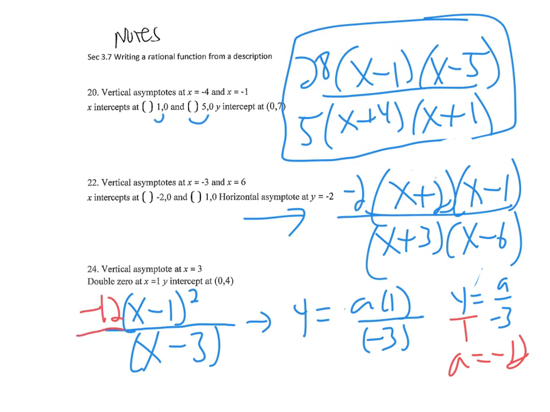Okay? And that would have an oblique asymptote. Let's see. Where's the y-intercept? At 4. So this looks something like this. It would be a dotted line, and it would be crossing the x-axis at 1 and 4, with a vertical asymptote at 3.